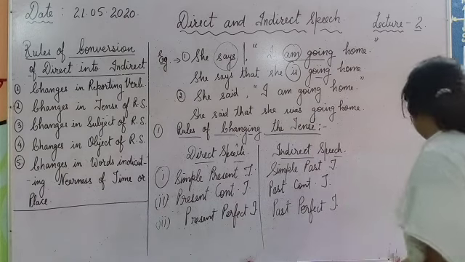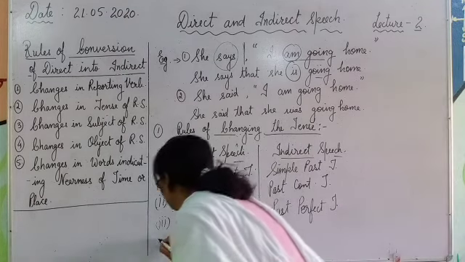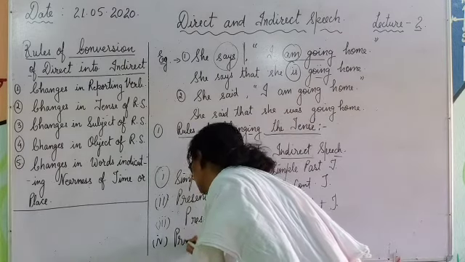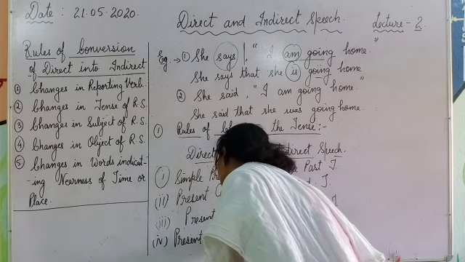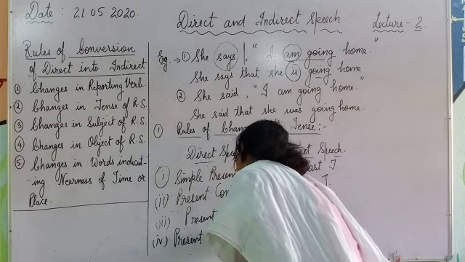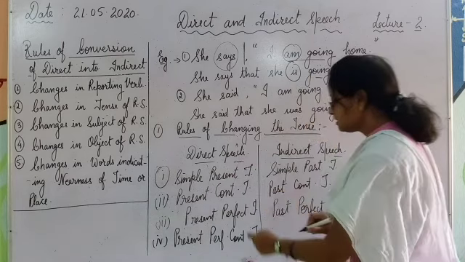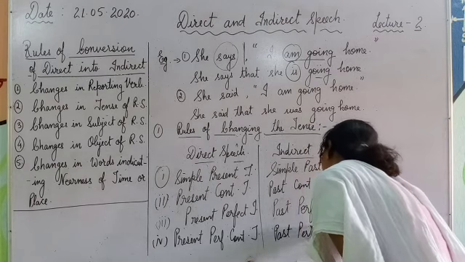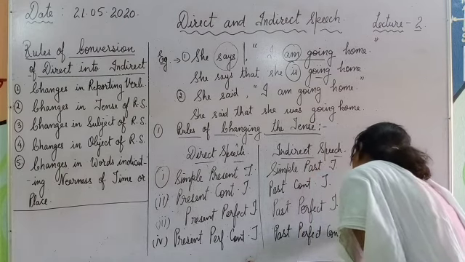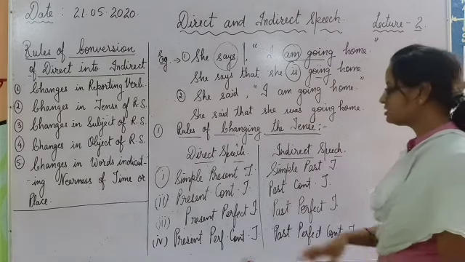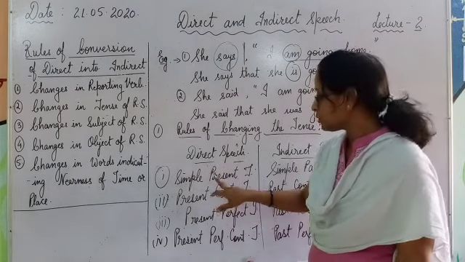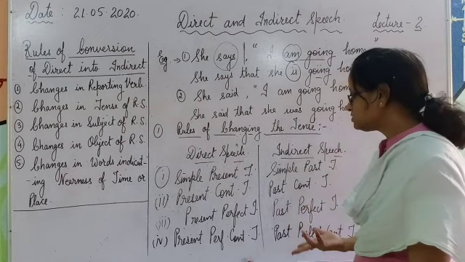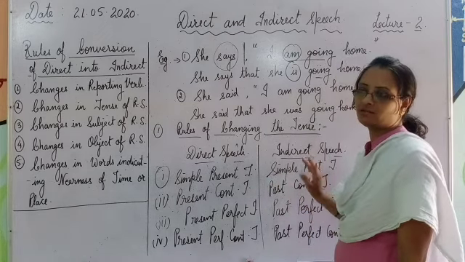Next, if it is present perfect continuous tense in the direct speech, it will be changed into past perfect continuous tense in the indirect speech. So the summary is that all the present tenses in the direct narration will change into the respective past tense in the indirect narration.